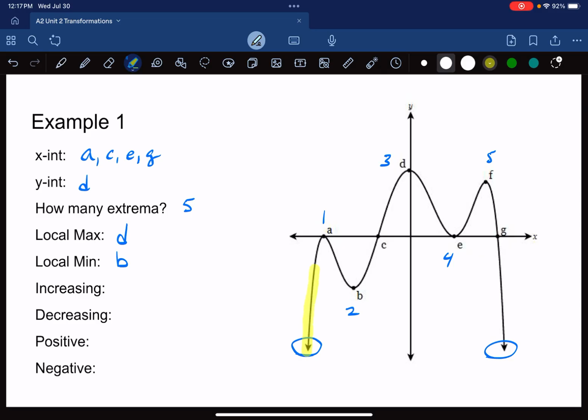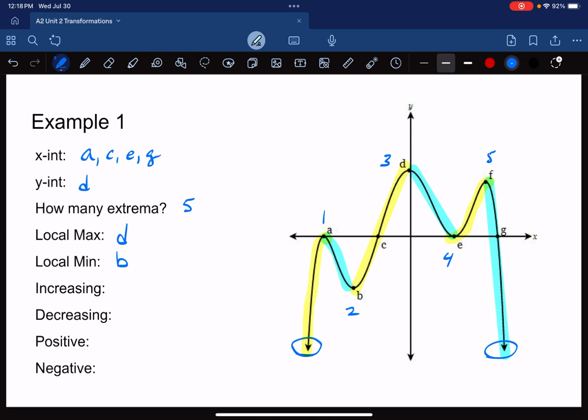Here the graph increases from left to right, but then it makes a turn. Here it's increasing from left to right. And here it's increasing from left to right. I think it's decreasing here, here, and here. You agree with me? Now, how do we write those out?